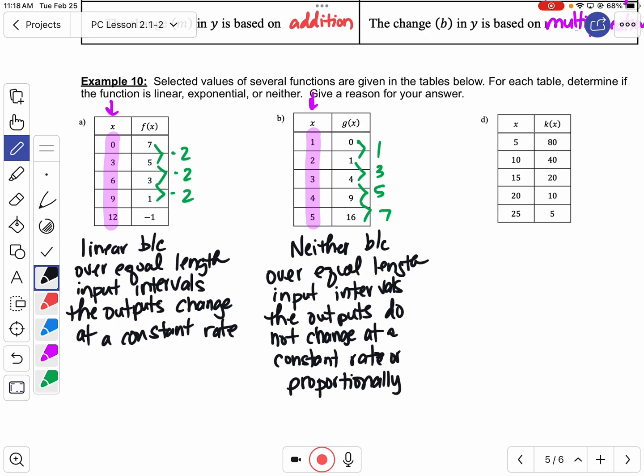I probably misspelled that. The good thing is it's not a spelling test. As long as you get close, they'll know. All right, try the last one.